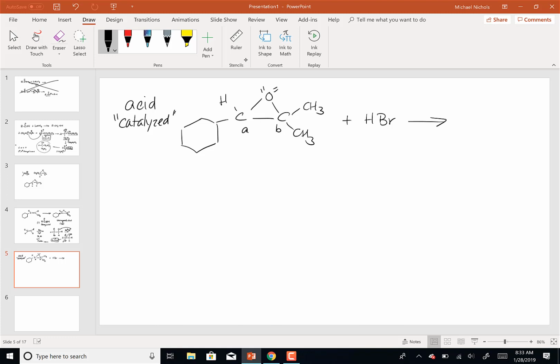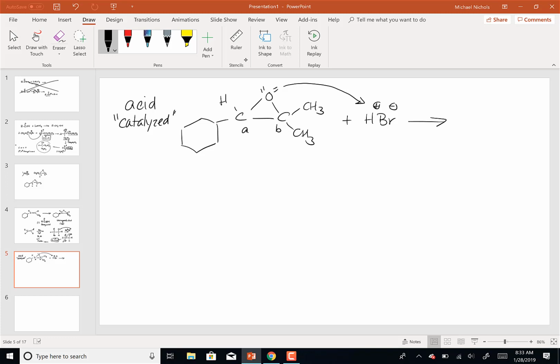I was going to ask, let's work through the mechanism. So my first step was going to be, what's the first step? Protonate the oxygen. Whenever you're reacting an oxygen or nitrogen species with acid, the first step is always protonate the oxygen. Right? That's the first thing that should go into your mind. Oxygen, acid, protonate the oxygen.